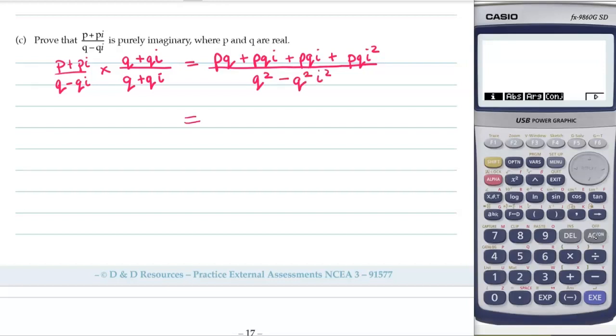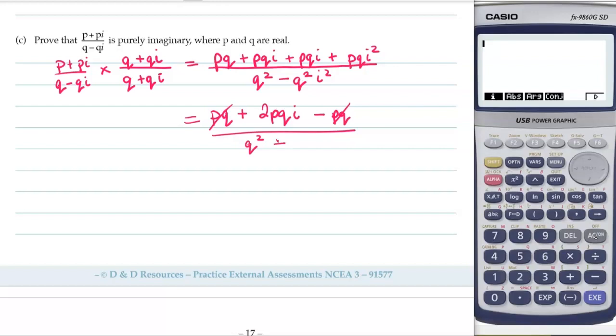Okay, now this pqi squared, the i squared turns to minus 1. So we have pq + pqi + pqi, well, actually, let's put that as 2pqi, minus pq. So those two cancel, and we're still over q squared.